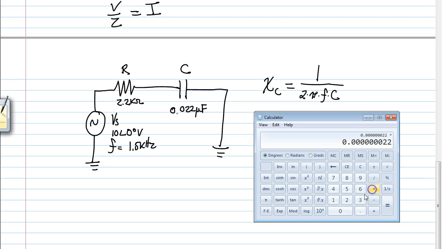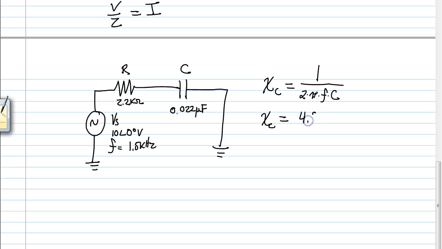And I'm going to take that and multiply it by 1500 for the frequency. I'm going to multiply it by 2 and then by pi, and that should handle the denominator. And then find the inverse of that. And I get 4822, or rounded up 4823, or 4.823 kiloohms. That's how much reactance we have.